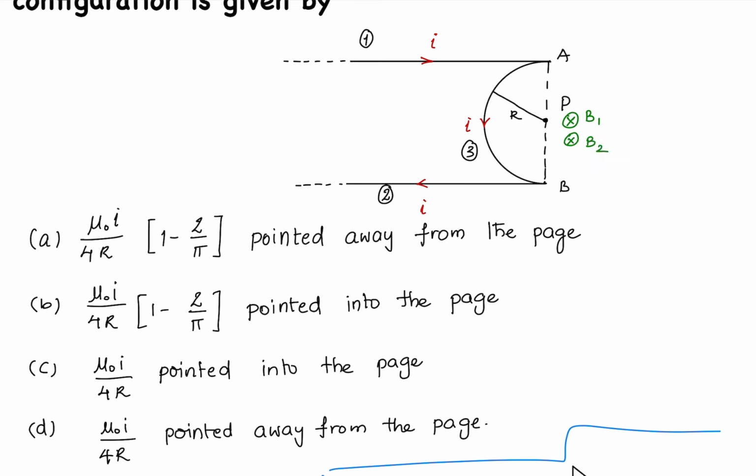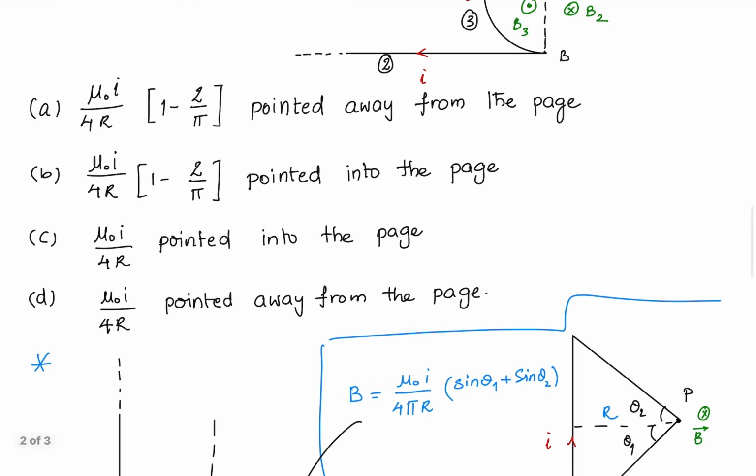But for the third one, the semicircular wire carrying current, by the thumb rule, if you direct the current along the thumb and curl your fingers at the point P, you will have the magnetic field out of the plane, which is represented by a dot.